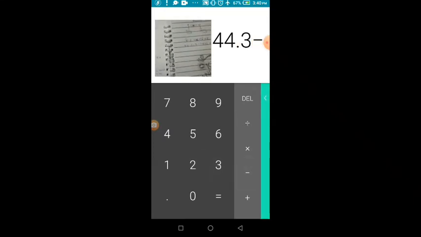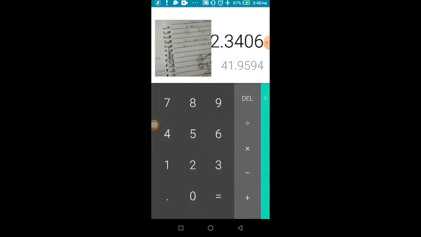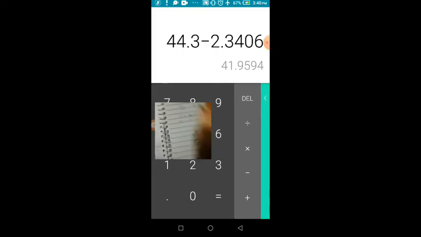Okay, clear. Now 44.3 minus 2.3406. So what's our answer? Our left side is 41.9594 less than the population mean.